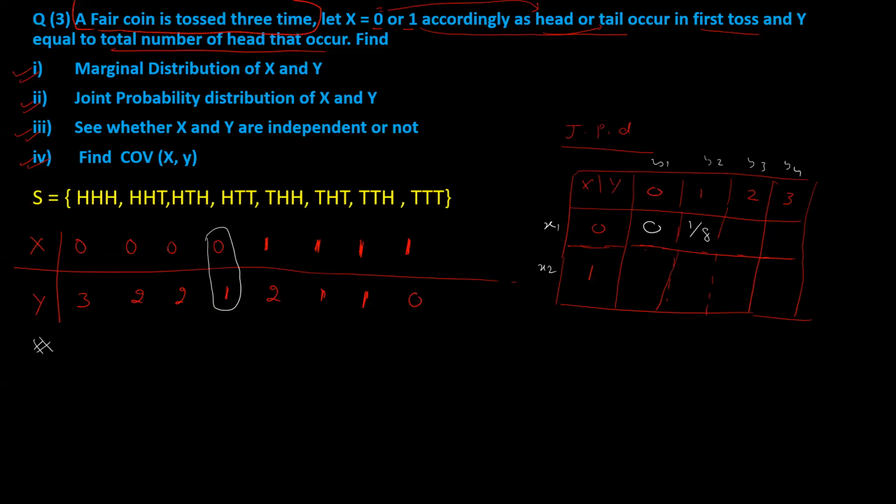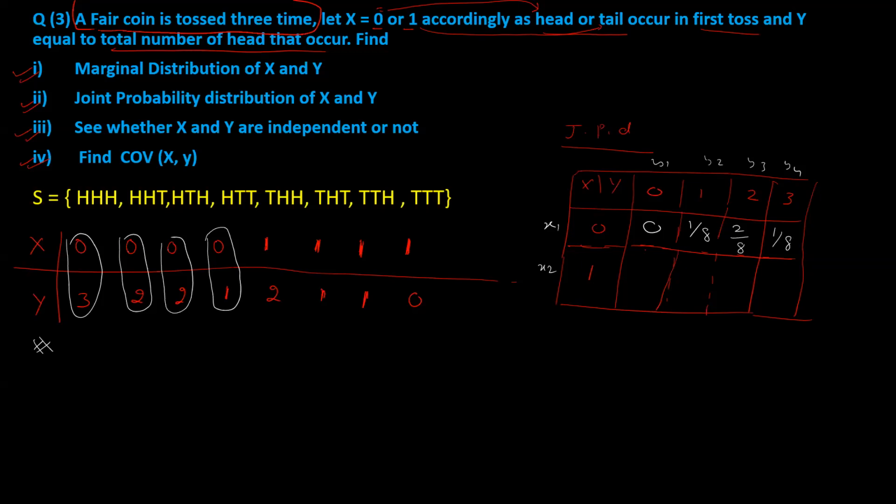Next combination is 0 and 2. Here I have 0 and 2, here also, so I have two combinations out of 8. So that will be 2 by 8. Next combination is 0 and 3. I have only one combination, so this will be 1 by 8.